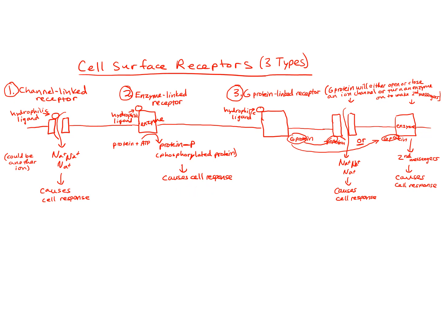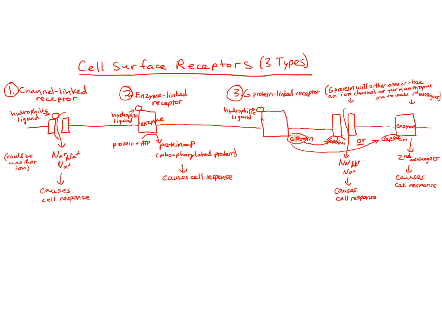And then the third type of cell surface receptors are these G protein linked receptors. So when the hydrophilic messenger binds to the G protein linked receptor, that'll activate this G protein. Part of the G protein will take off. And the G protein can go and do one of 2 things. So it can either go and open or close an ion channel, and that'll let a specific ion in or out of the cell, and then that will cause the cell response.